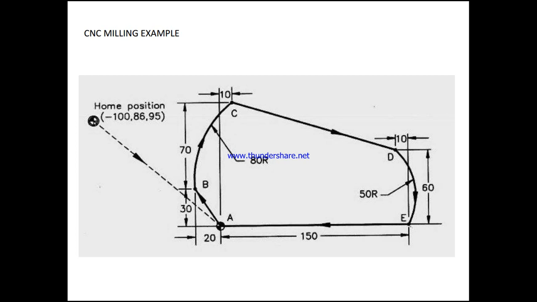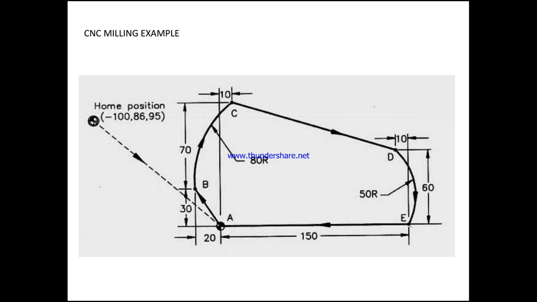From here to here it has to move here. So N60 is rapid retract to Z12.5. It retracts at 12.5 mm.